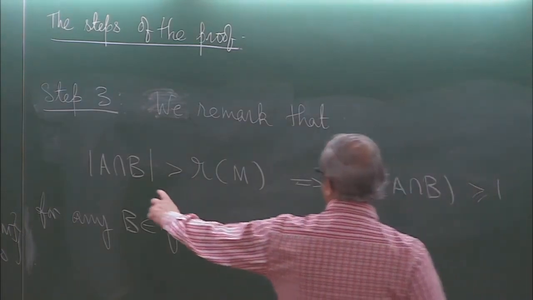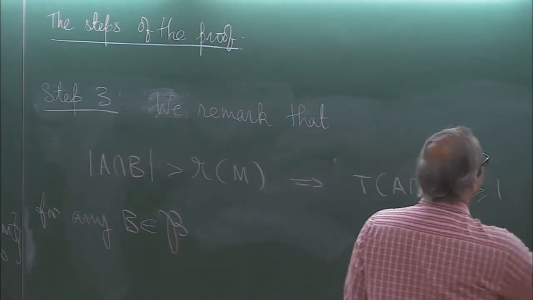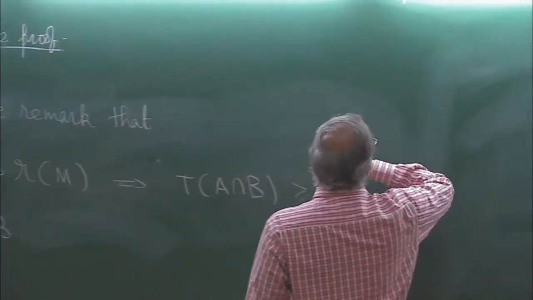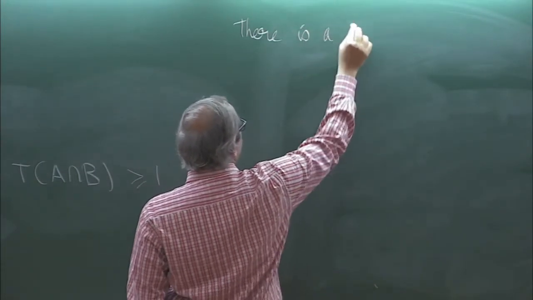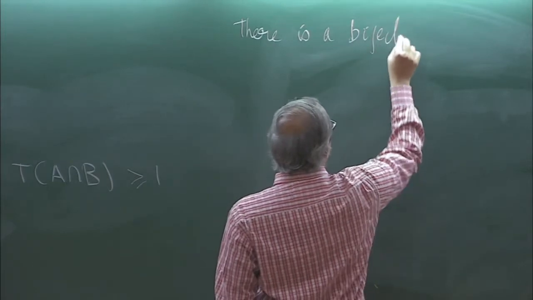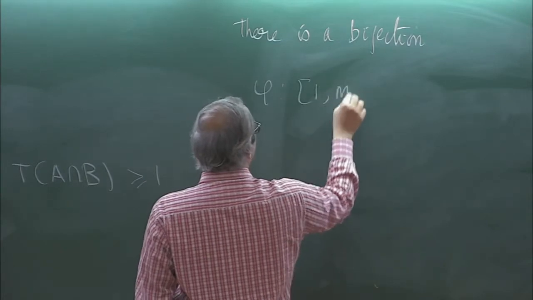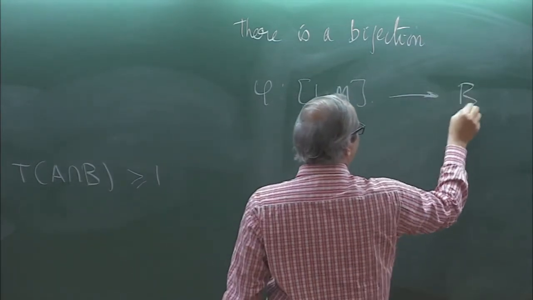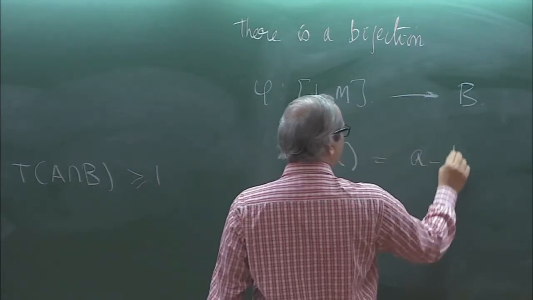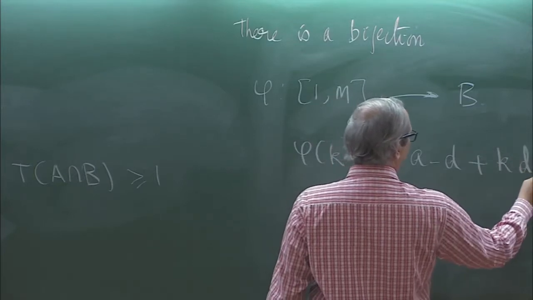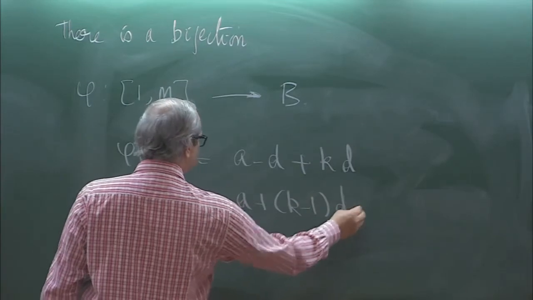So B is an arithmetic progression of m terms. That means that there is a bijection phi from, say, 1 to m to B given by phi of k equal to a minus d plus kd, which is of course the same as a plus k minus 1 times d.